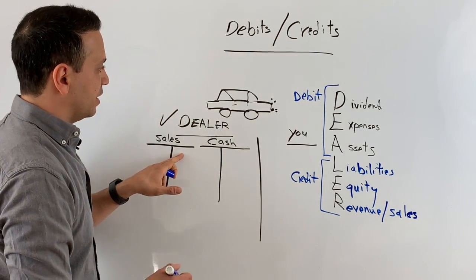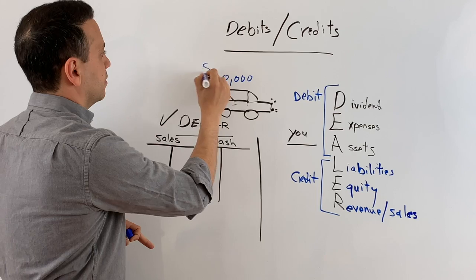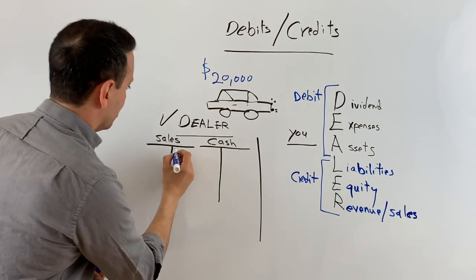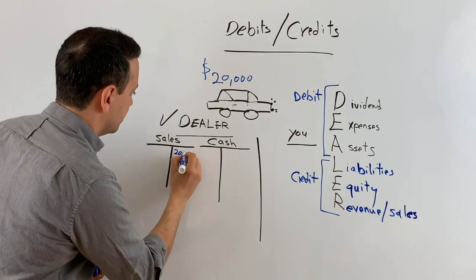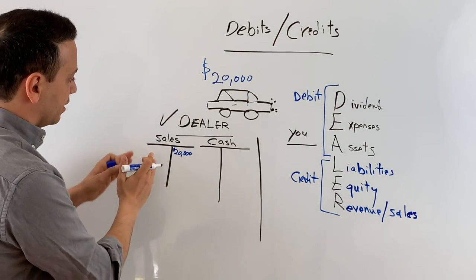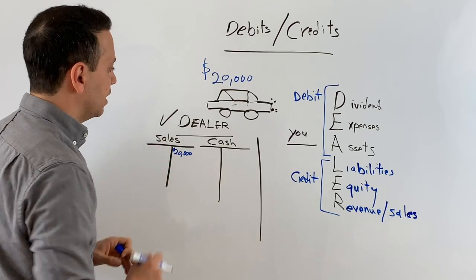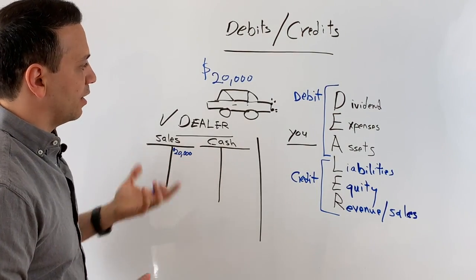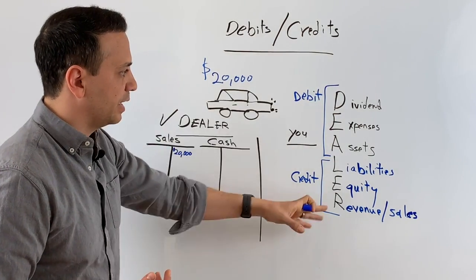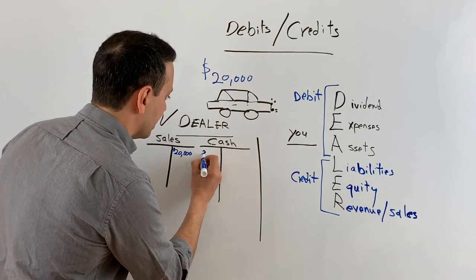And so if this car is $20,000, then we record $20,000 here in the credit side. The debit side is always going to be the left, and the credit side is going to be the right. For cash, what kind of an account is cash? By looking here, it's an asset, so it's a debit, $20,000.